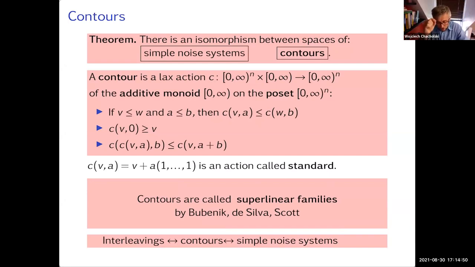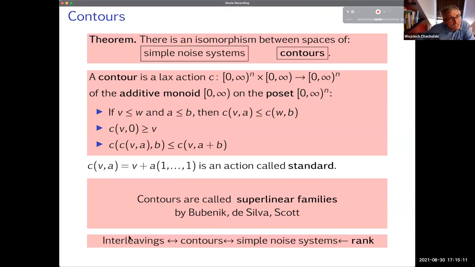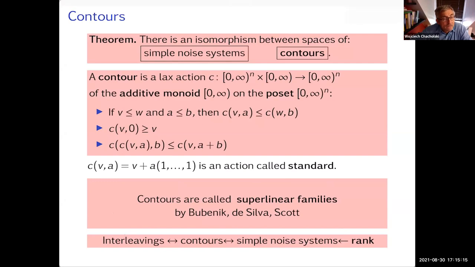But what I also told you is that these simple noise systems are intimately related to the rank invariant, the simplest invariant, which means that, for example, if you want to study higher syzygies or beta 2 or beta 3 in multi-parameter persistence, using interleaving distances is probably not a good idea.